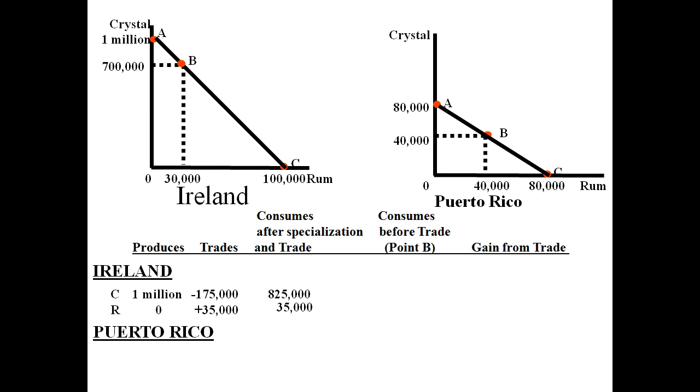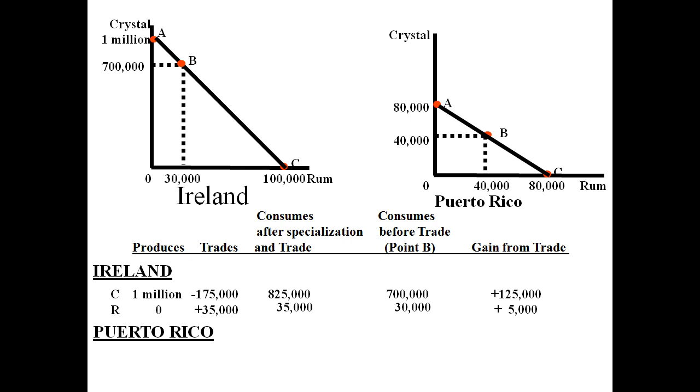So let's say that Ireland decides not to trade. Instead, they just move from point A to point B. They would be at 700,000 crystal and 30,000 rum. So you can see there's a gain from trade of 125,000 crystal and 5,000 rum. So Ireland became better off by trading instead of just moving along its production possibilities curve.